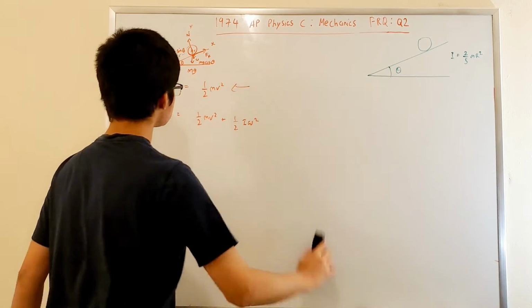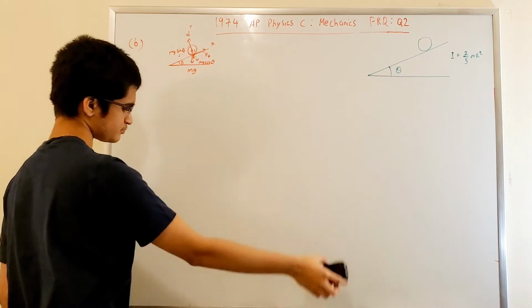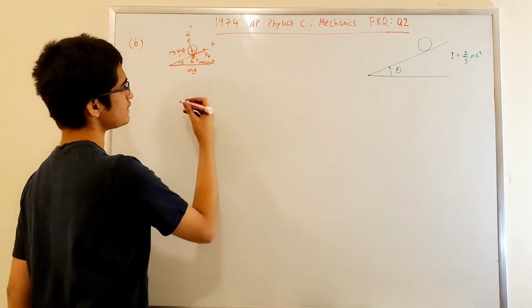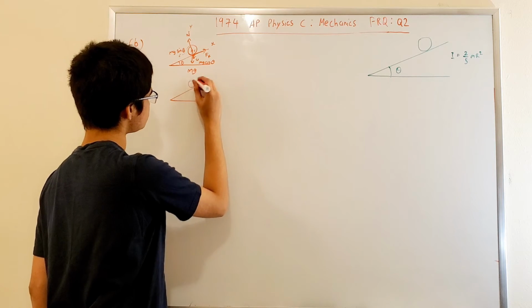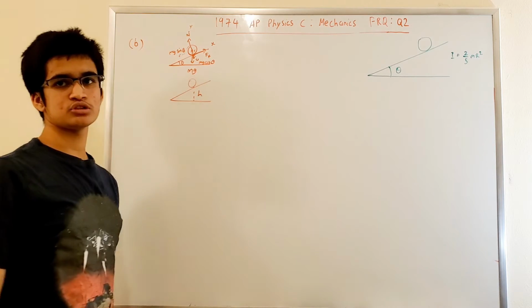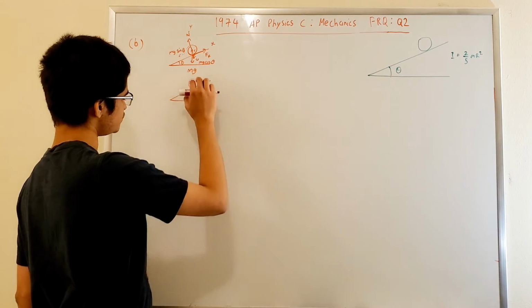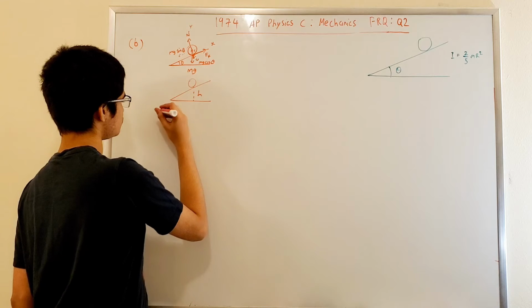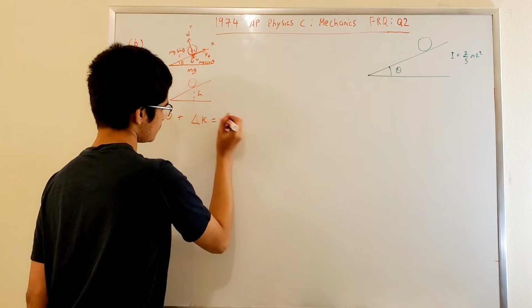And we can also show this mathematically to be true. Let us say we release the sphere from a height of h. We can use conservation of energy, which states that delta U plus delta K is equal to 0.